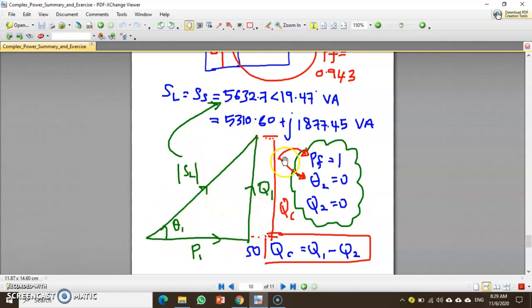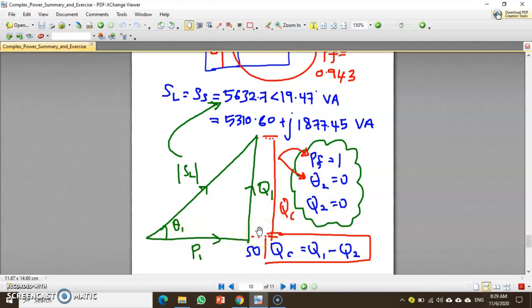In order to improve the power factor to 1, what is the meaning of power factor equal to 1? We need to compensate all of Q1. So your Q2, your final reactive power, equals 0, which means our theta 2 equals 0.